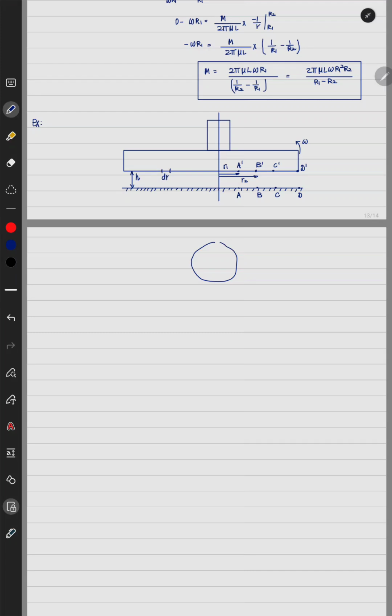I have taken this kind of element because it is circular, at a distance r from the center, with r plus dr as the outer radius. So what is the force on the thin element at radius r?